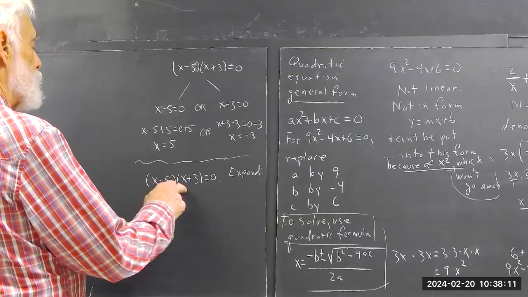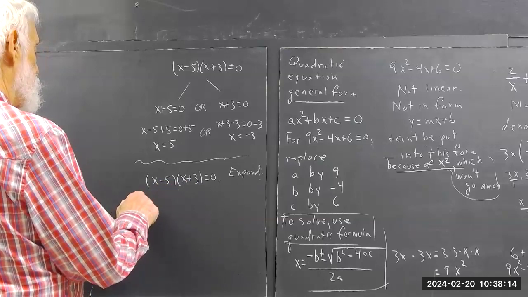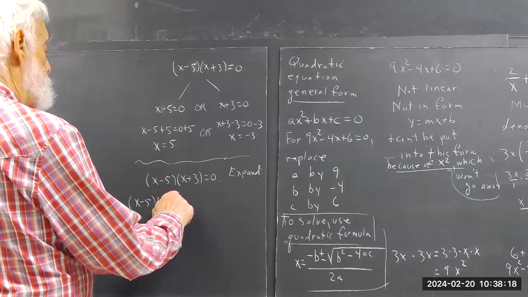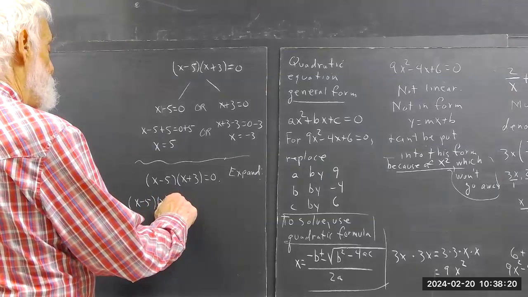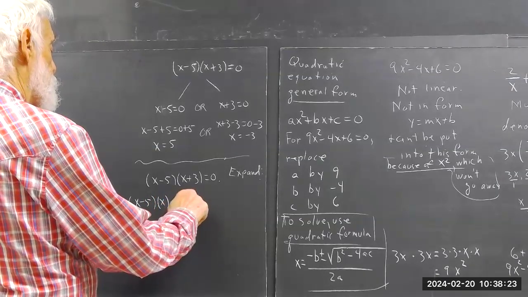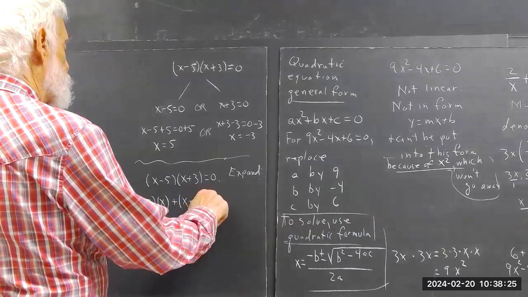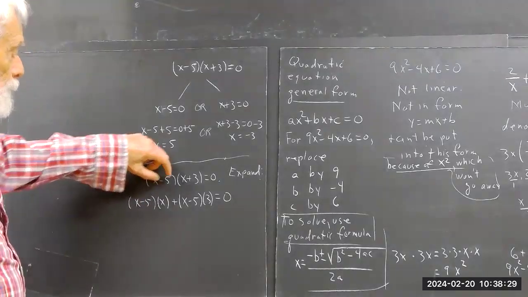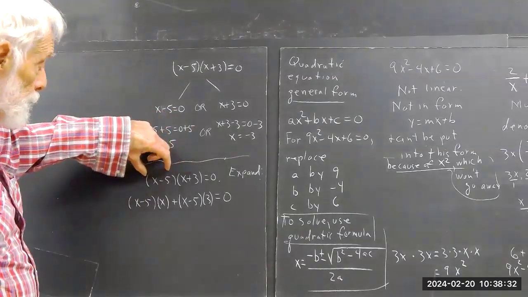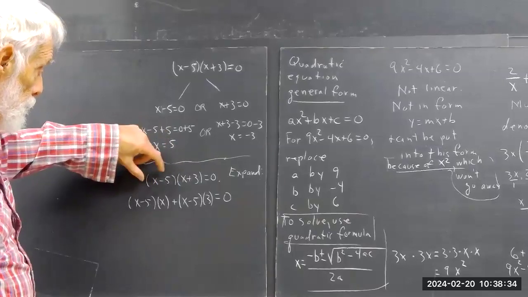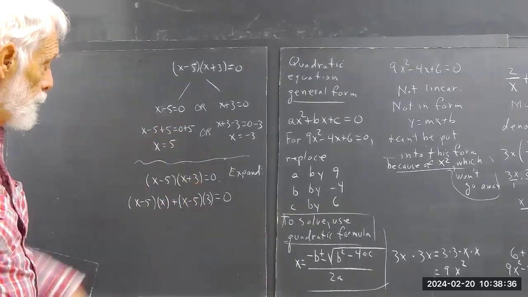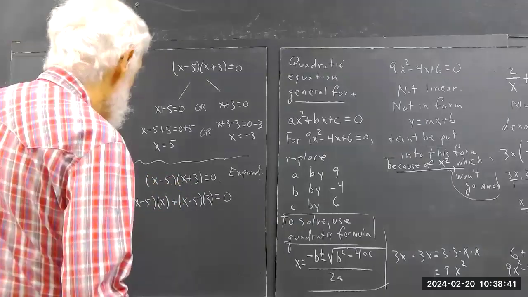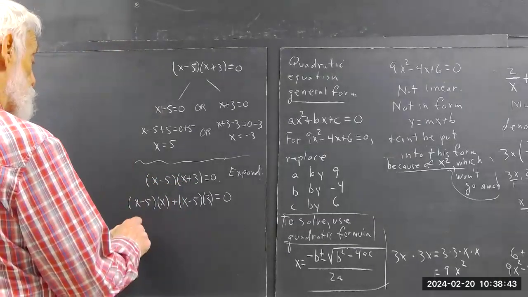Now, x minus 5 times x plus 3 is just x minus 5 times x plus x minus 5 times 3. That is, x minus 5 multiplies each term in here. So we have x minus 5 times x here and x minus 5 times 3 here with a plus in between. Okay. Then we can multiply this out.